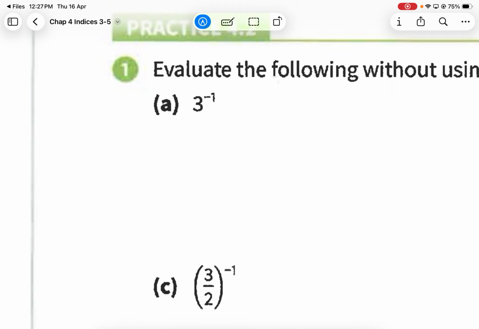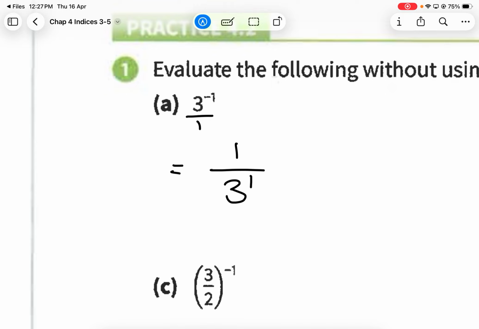If I want the power to become positive, I have to shift the entire thing to the denominator. At first, this one is 3 to the negative 1 divided by 1. I want the power to change sign, so this 3 to the negative 1 must go to the denominator, and it will change to positive power.